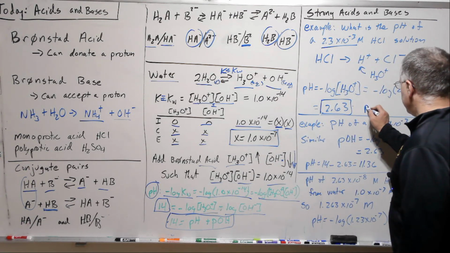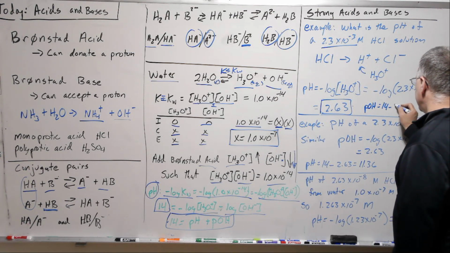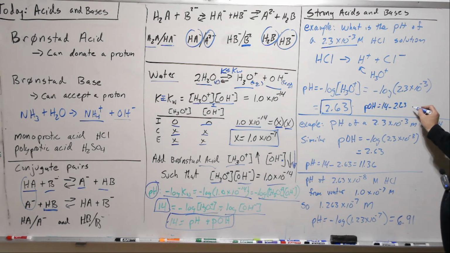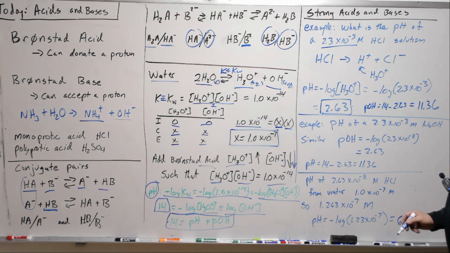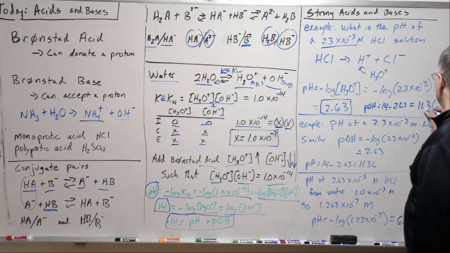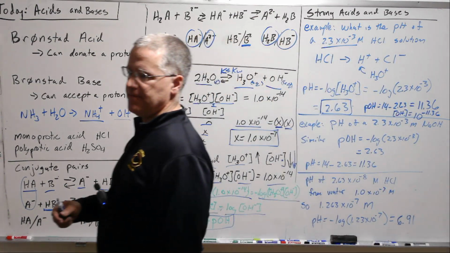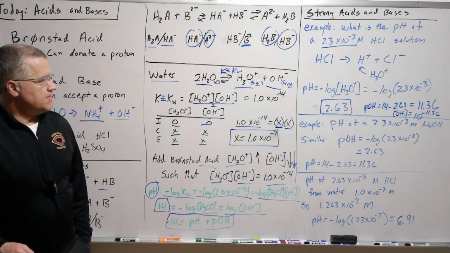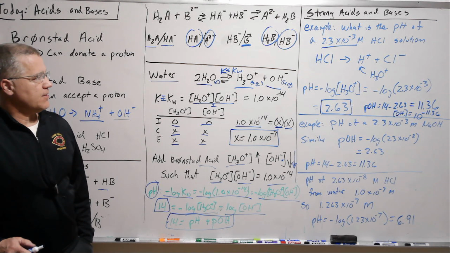So then the pOH is going to be 14 minus 2.63, which is 11.36. And so that means the OH concentration is 10 to the minus 11.36, whatever that works out to be, and the H plus concentration is 2.3 times 10 to the minus 3.